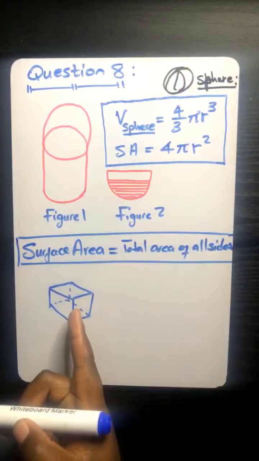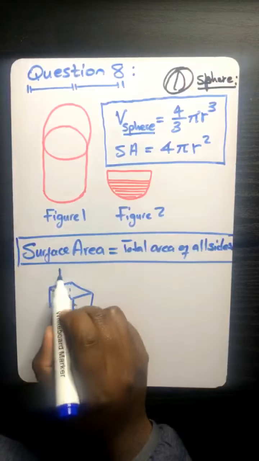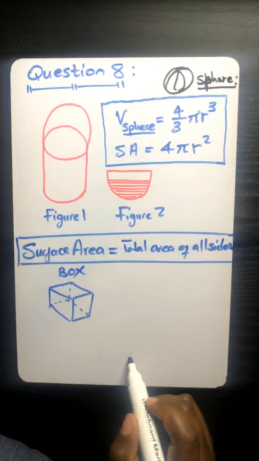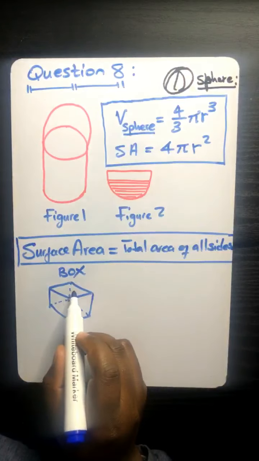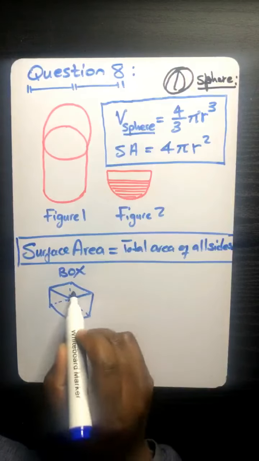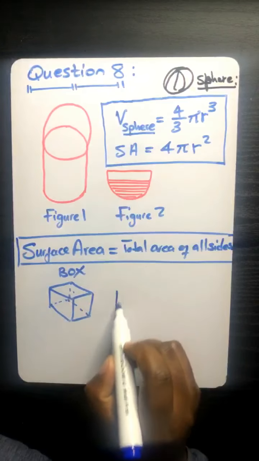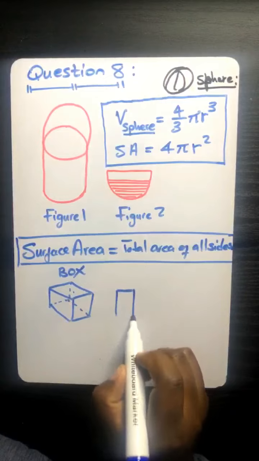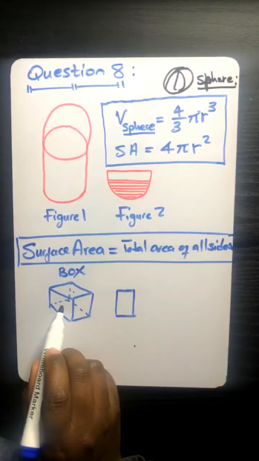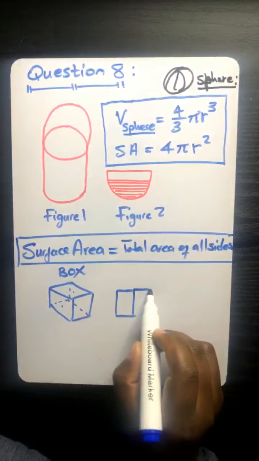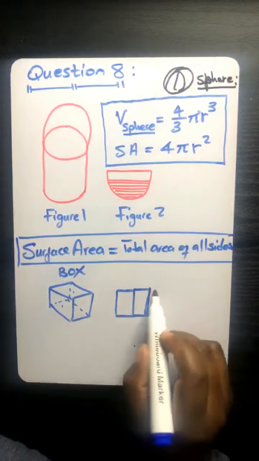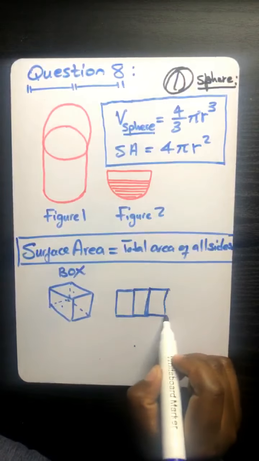Let me unbox this box so that we see all the sides. Let me start drawing the bigger side, starting with the one at the top. Let me draw this one on the side, and the one at the bottom. Can you see I'm unboxing?